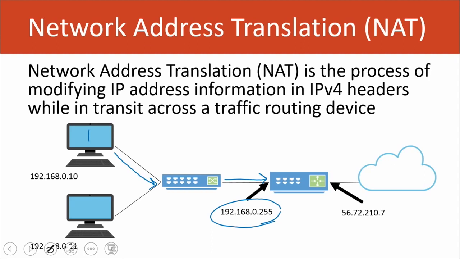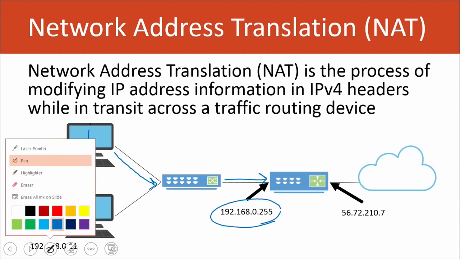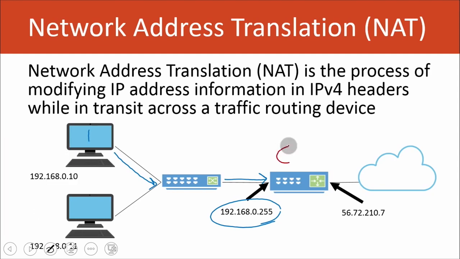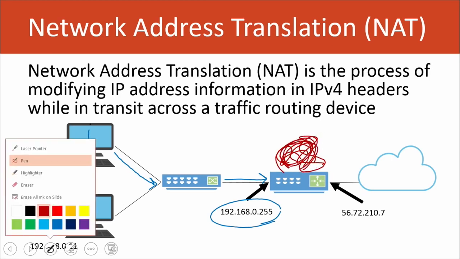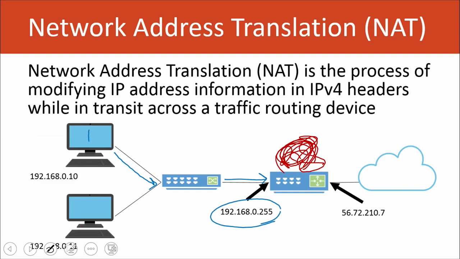And this is my translation process here, right? That router is going to go to work and translate this address into this one. It actually knows exactly what that address is, so the process isn't as messy as that, but I just thought it'd be more fun if I scribbled on the screen.